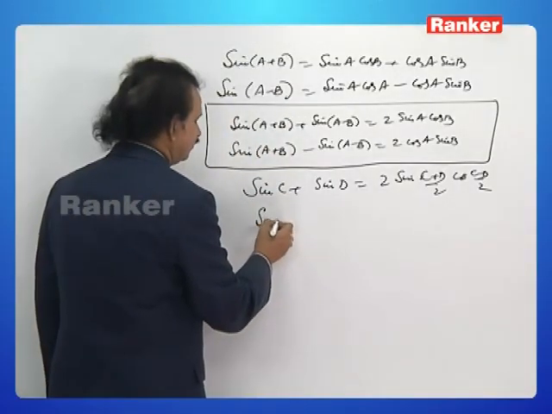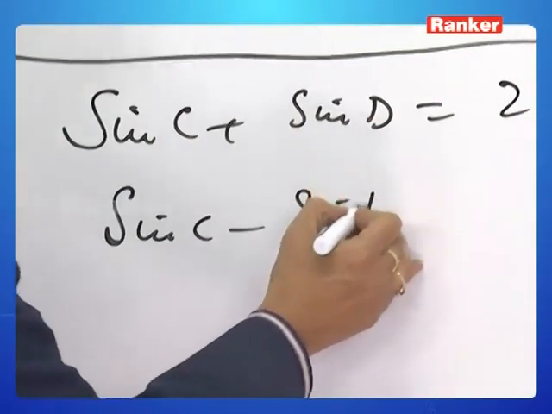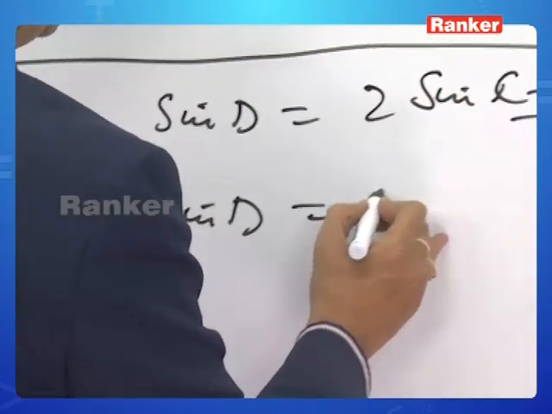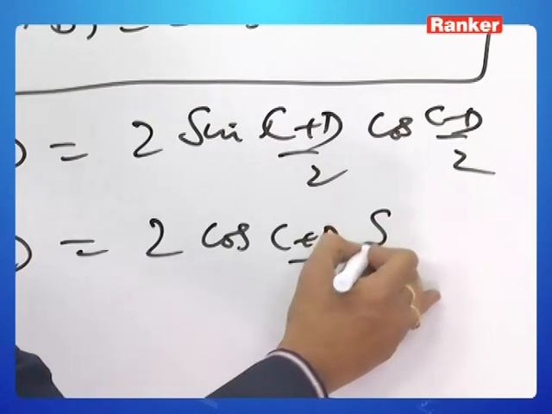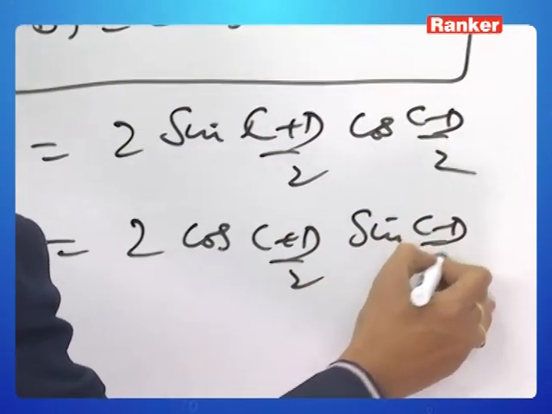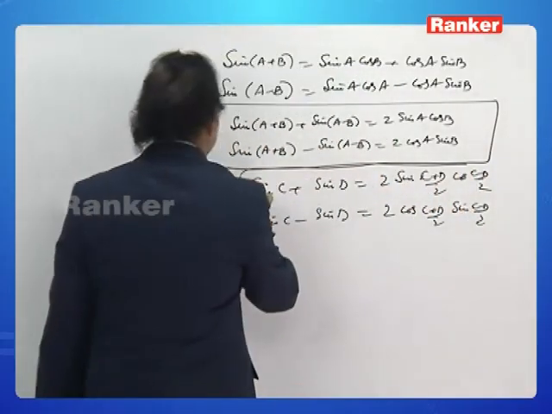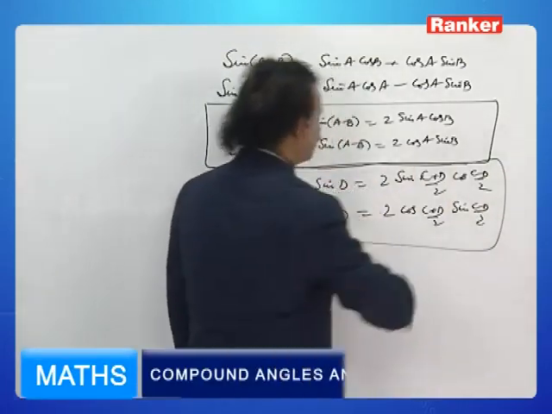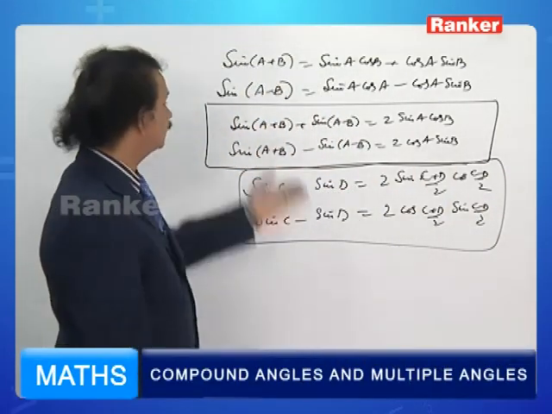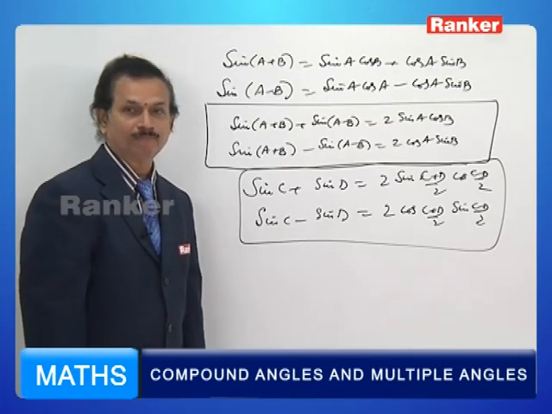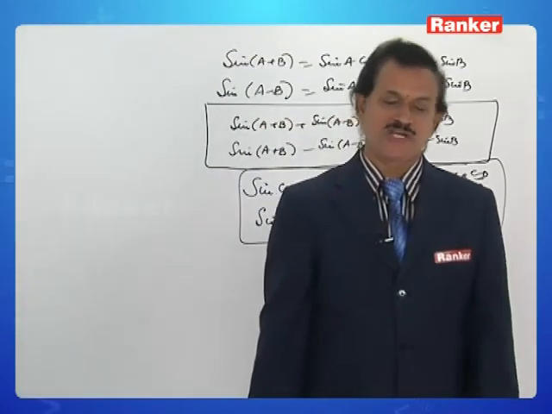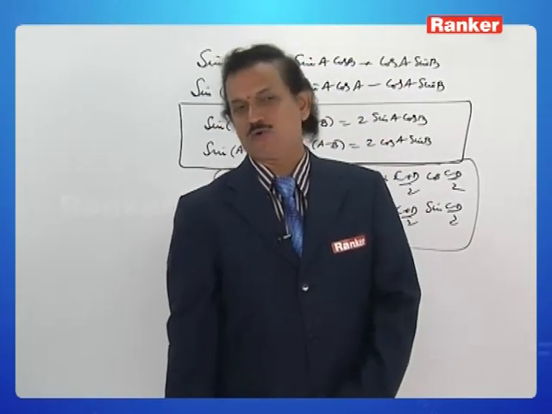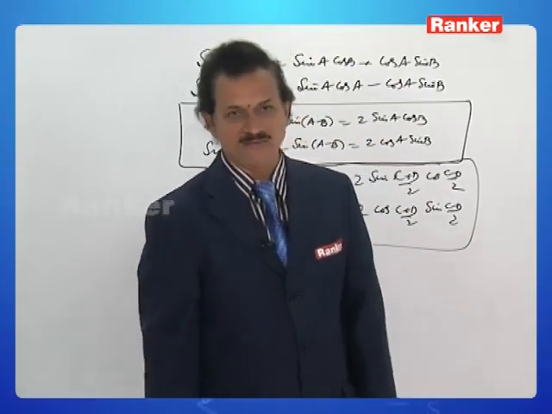Similarly, sine C minus sine D is equal to 2 cos C plus D by 2 into sine C minus D by 2. These formulae have been obtained from these two. Isn't it? So we have learnt about sine function, sine of A plus B plus sine of A minus B and so on, sine C plus sine D and sine C minus sine D.